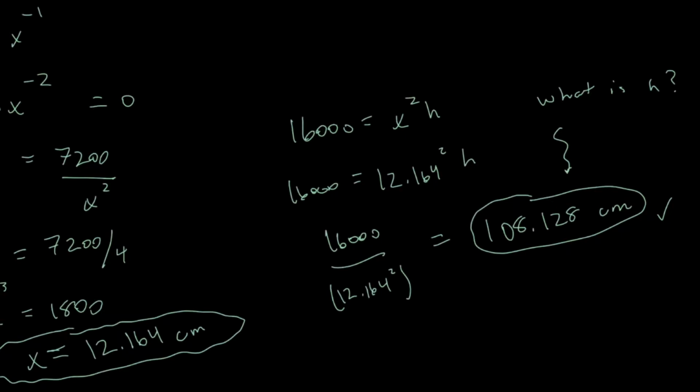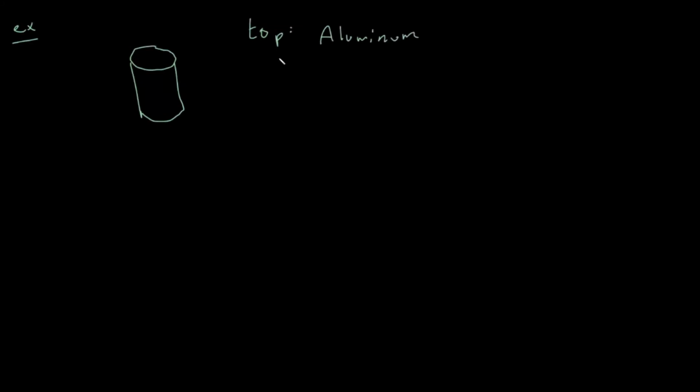So I want to show another problem. So let's say we have a cylinder and for some reason the top needs to be made of aluminum. The top and the bottom both aluminum, and the side is tin for some reason, right?